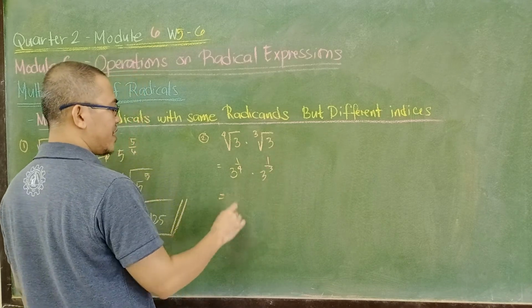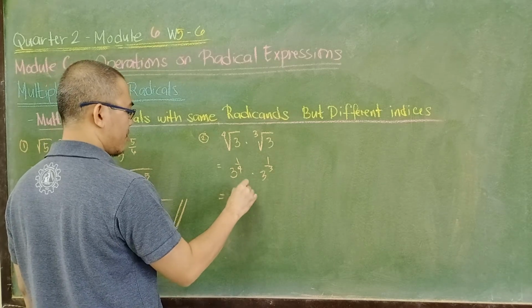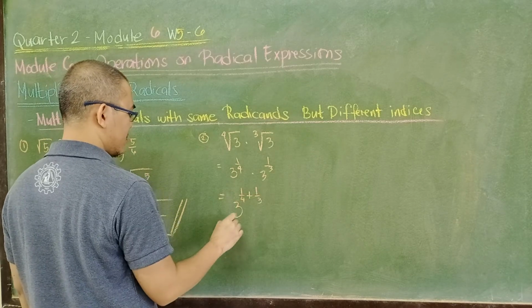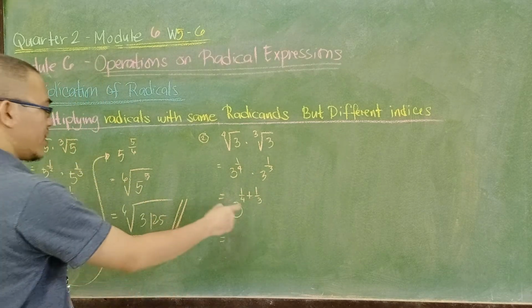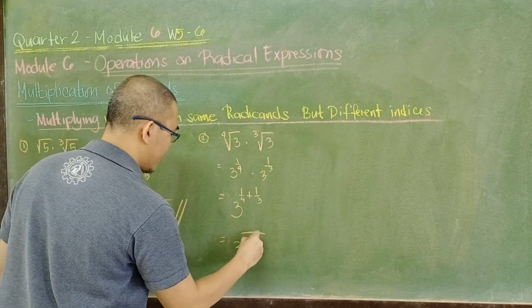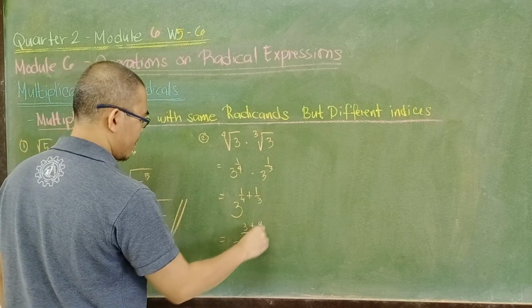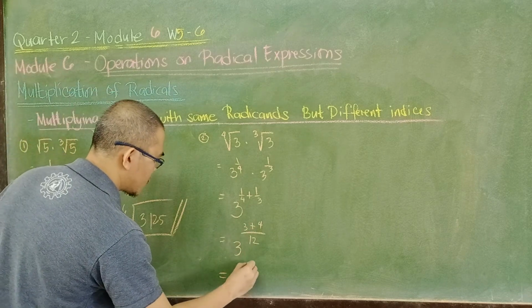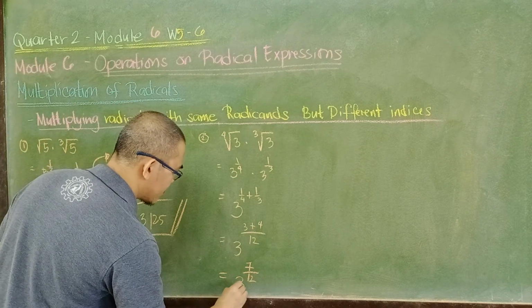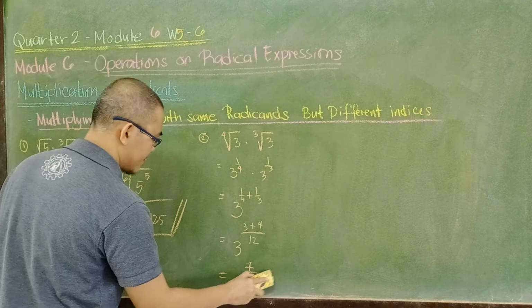So again, para sa base, copy yung base, add yung exponents. 1/4 plus 1/3. And then put in your LCD. So you have 12, this is 3, this is 4. And now that is equal to 3 raised to 7 over 12. Ito na yung final exponent.